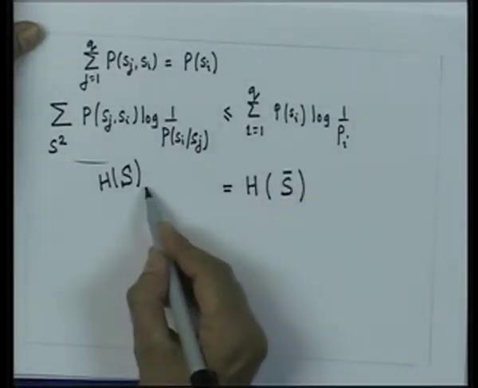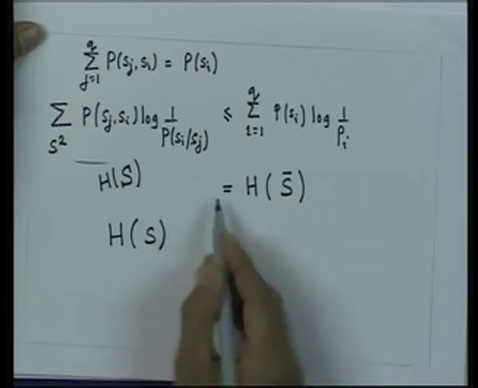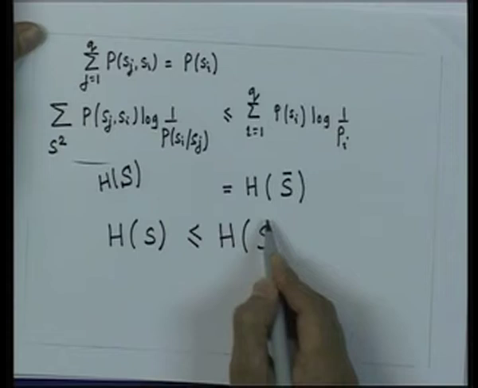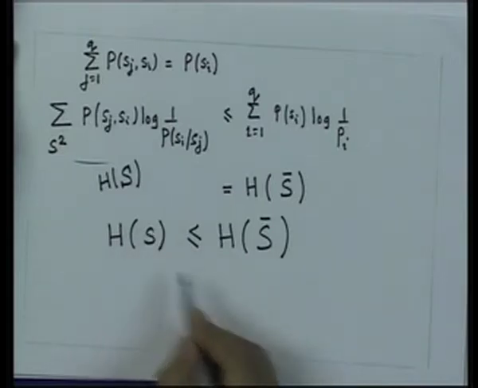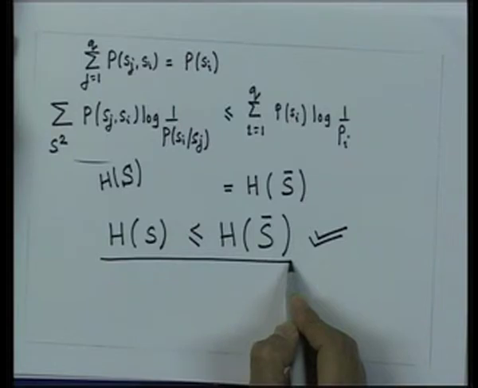So, from this relationship we get H of S is less than or equal to H of S bar. This we have shown for a first order Markov source, but this is also valid in general for any order Markov source.